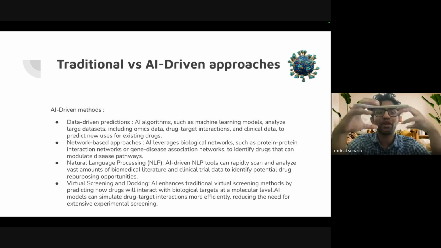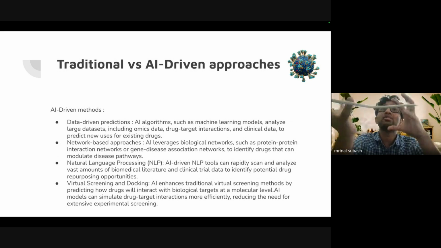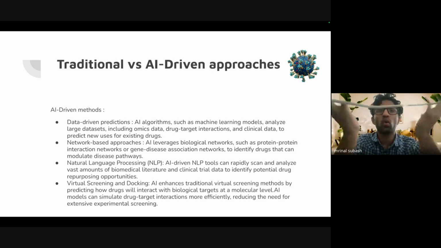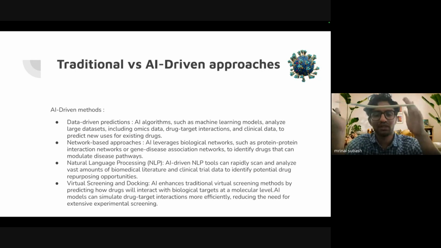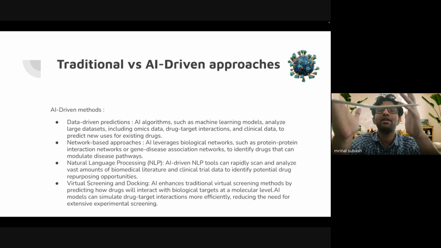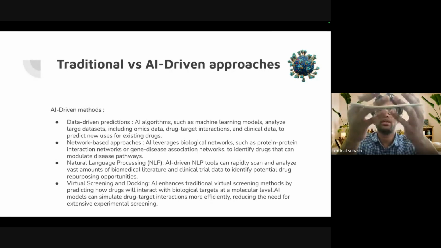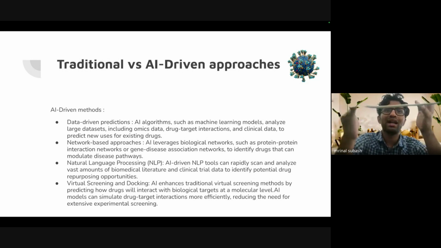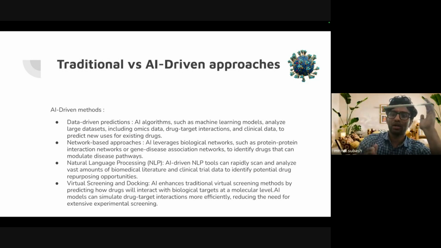So when we are analyzing large data sets, and when a certain AI model is pre-trained to a lot of good quality data, it is able to correctly identify the target binds and effectively convey to the user that this particular drug is best suited for or best repurposed for targeting a certain disease.